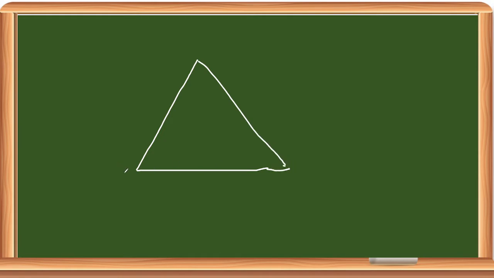Okay, so let's name this triangle as triangle ABC. Now, if for example this is 8. For example, this is 8.